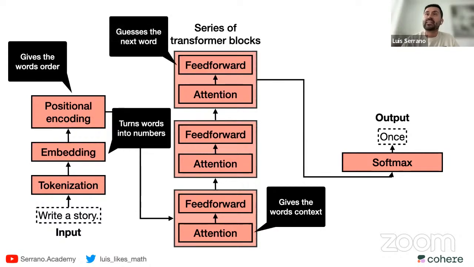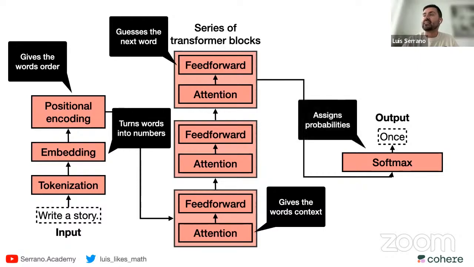And the feed forward is the neural network used to guess the next word. And the softmax is the one that assigns the probabilities in order to get the output. That's the structure of a transformer, give or take some small details. Any questions about this?